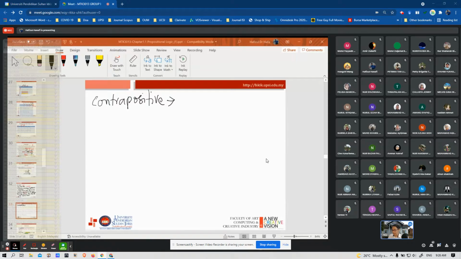Contrapositive is to interchange the hypothesis and the conclusion of the inverse statement. We interchange first.